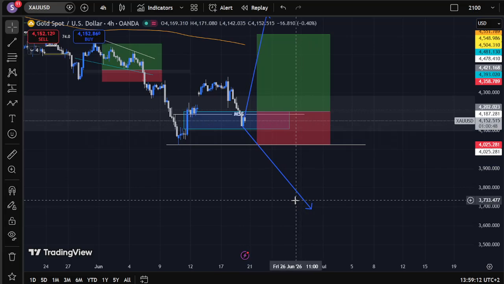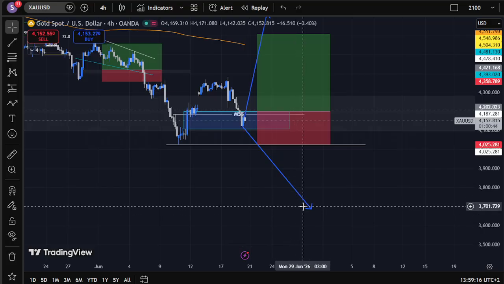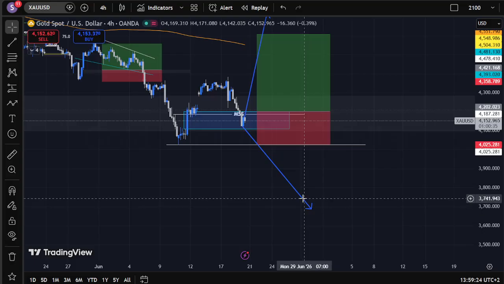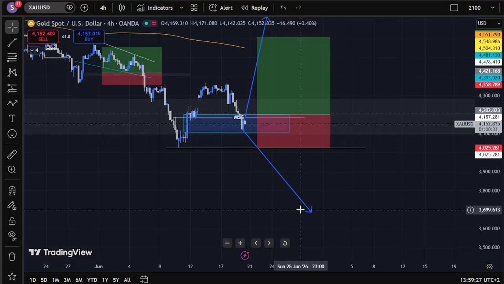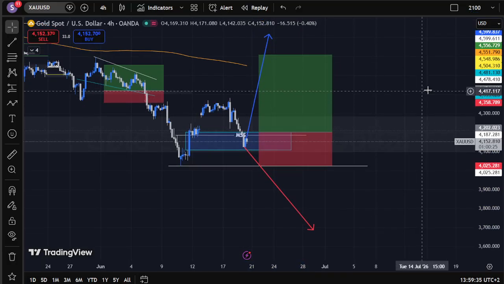When the war restarts again, oil will skyrocket. When oil skyrockets, the demand for the dollar increases, and that leads to the dollar gaining strength and everything against the dollar losing strength. In this case, it's gold. So if the deal is signed, gold is going up. If the deal is not signed, gold is going down.